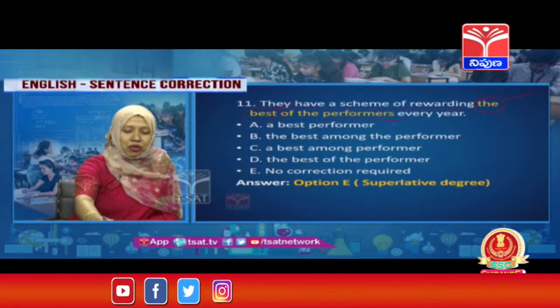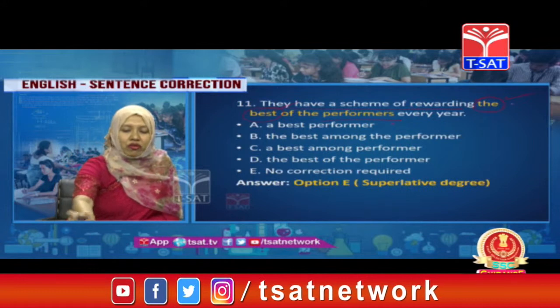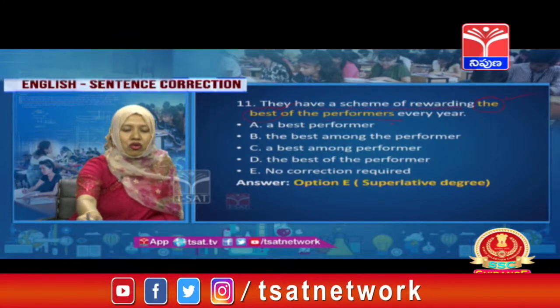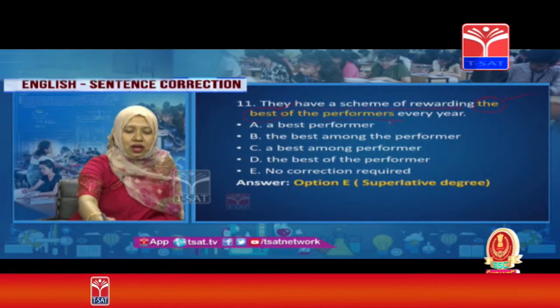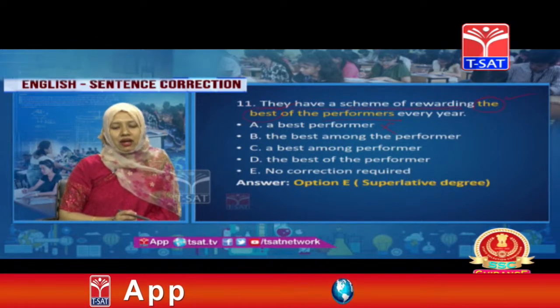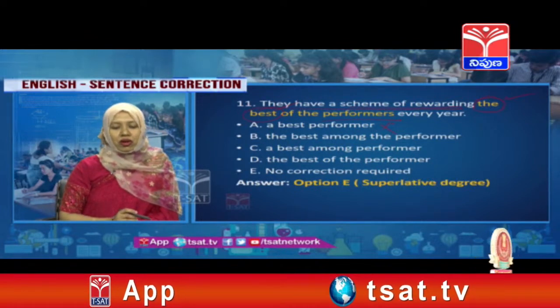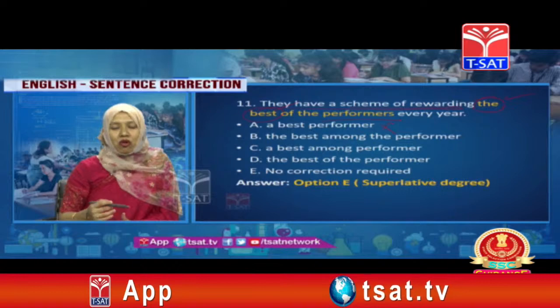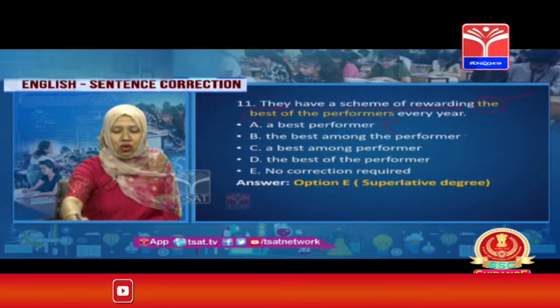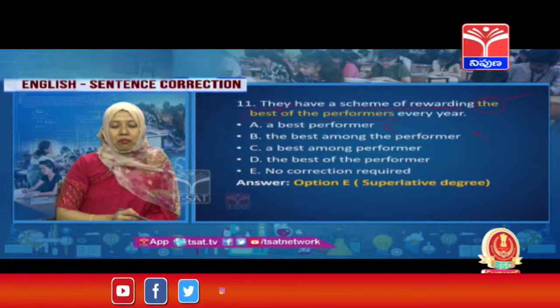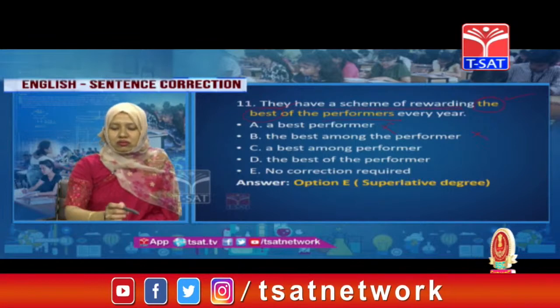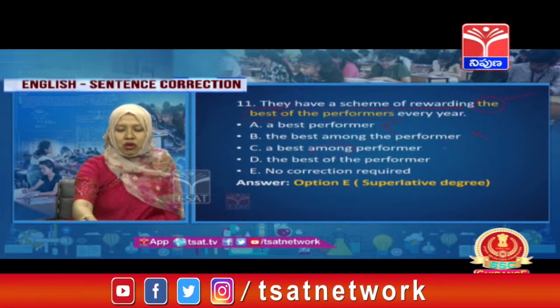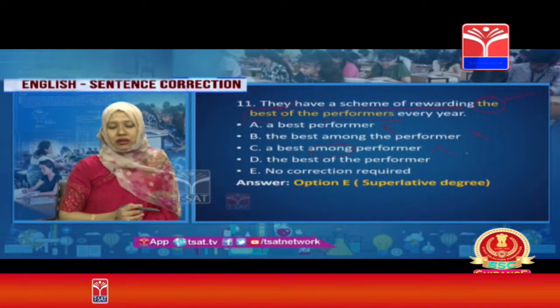So here option A is wrong. A best performer is wrong. The best among the performer is also wrong. A best among performer, here among, this is not correct.